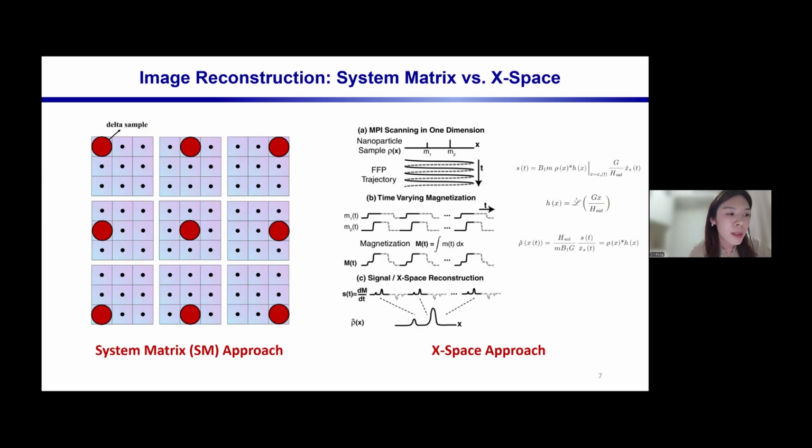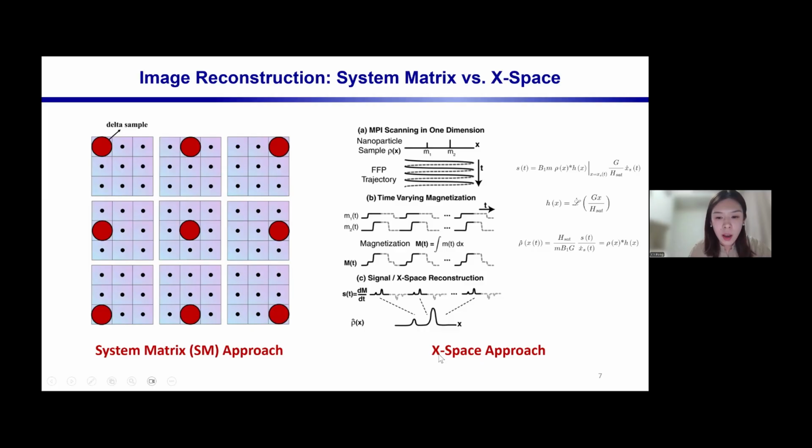We use a robot to move a tiny delta sample, or a point-like sample, to every position within the field of view and then record the response. It's a bit like mapping out the system's behavior. Then we use matrix inversion techniques like SVD or some other techniques to solve for the final image.